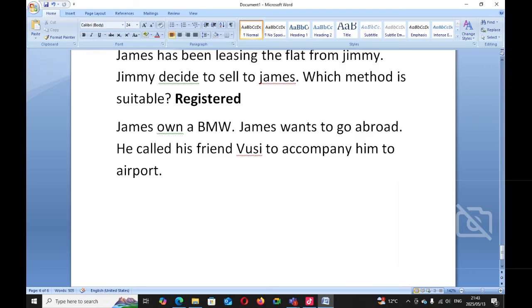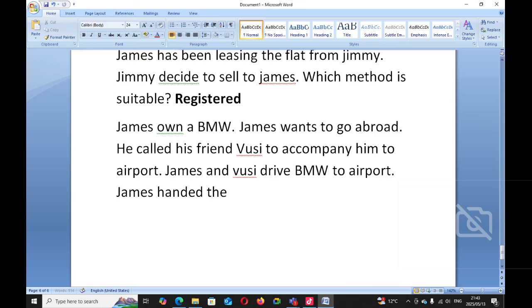James and Vusi drive the BMW to the airport. James handed the key of the BMW to Vusi and said, "This is your car.